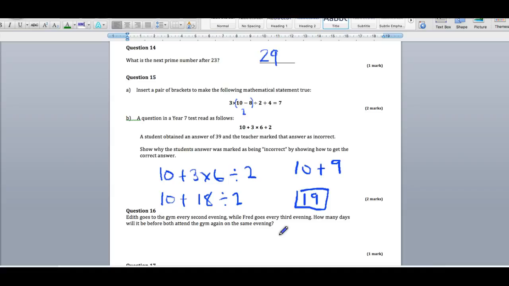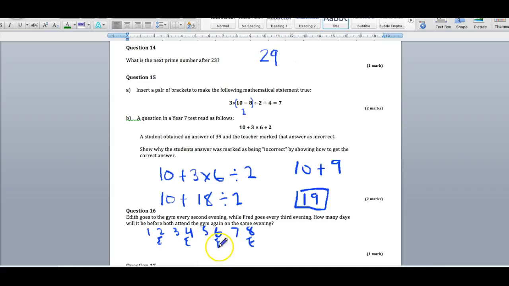Edith goes to the gym every second evening while Fred goes every third evening. How many days will it be before they both attend the gym? Okay, so even if we just listed them as days on a calendar, you don't have to do that many, but Edith goes every second evening. So Edith goes here, here, here, here.